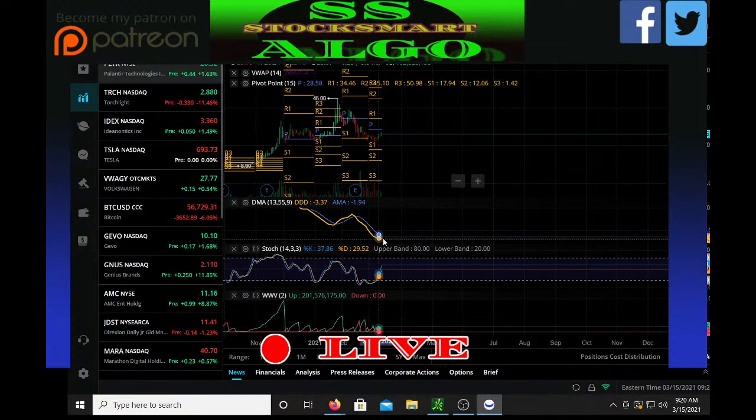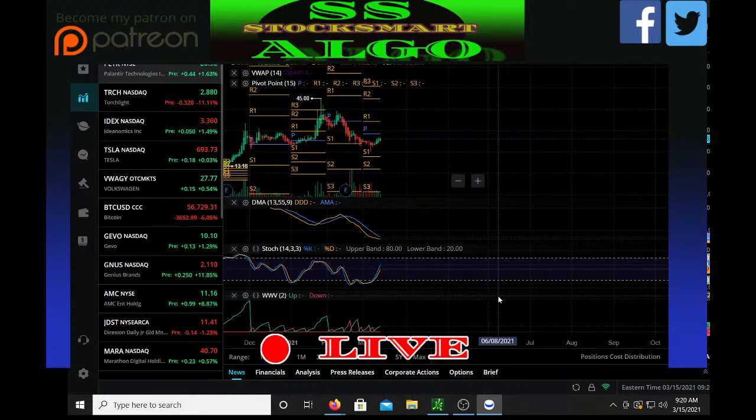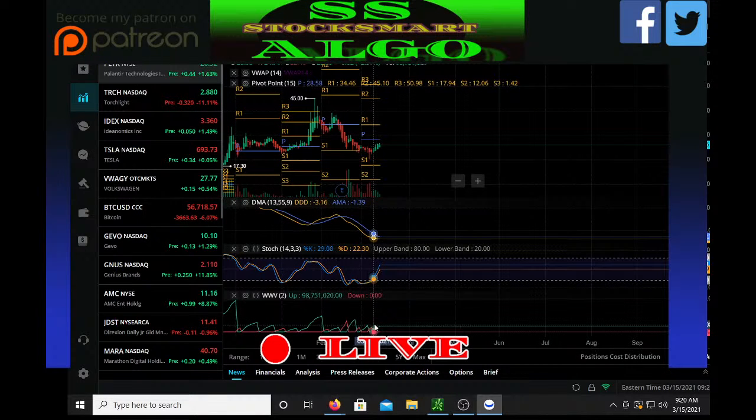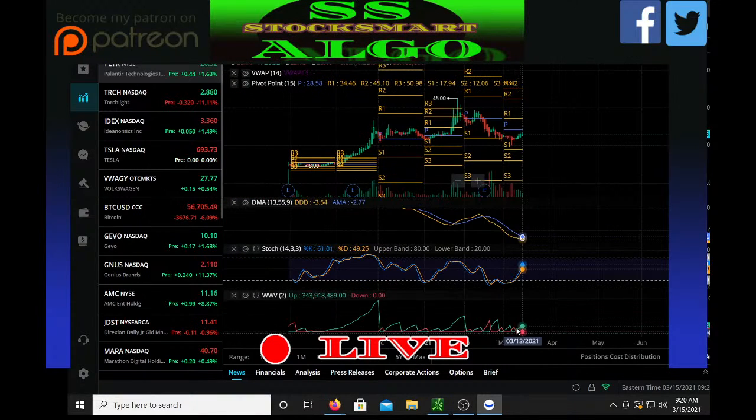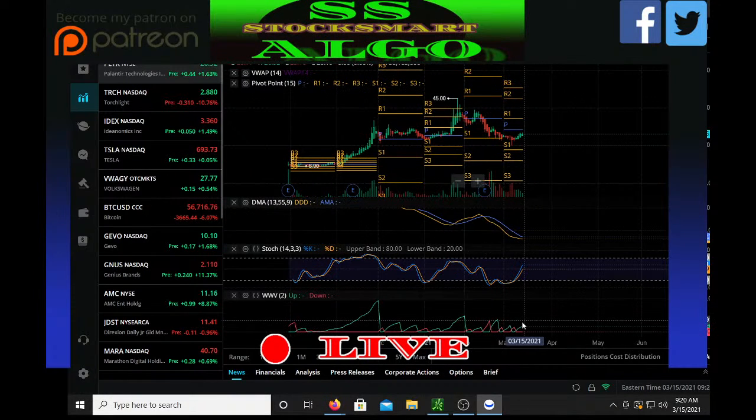The DMA is down. It's at a good buying opportunity. The stochastic's heading on its way up. Looks like this Weiss wave is about to, let's just say, open up green if it were to form a big trend. I'd say it's possible. We should be watching it.